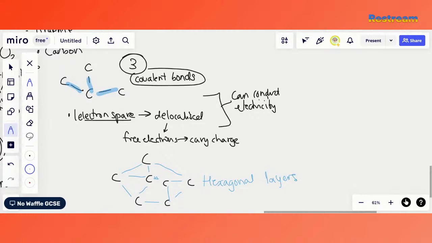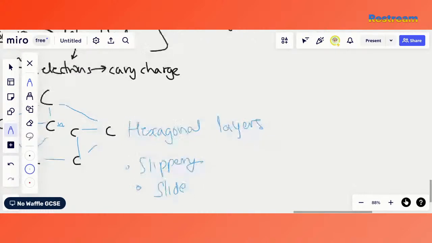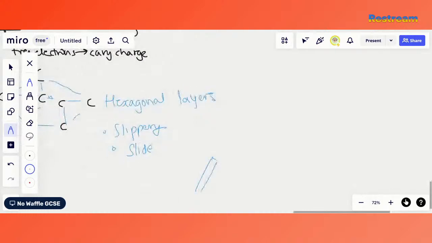Hexagons are very slippery. And because they're slippery, this means that graphite can therefore slide. And that's why we have graphite within pencils. What we call the lead of the pencil is actually formed from graphite, and because it is able to slide, that's how we're able to write on paper.